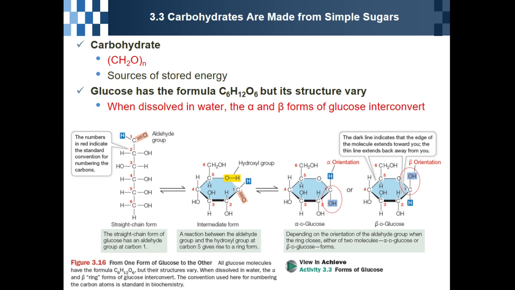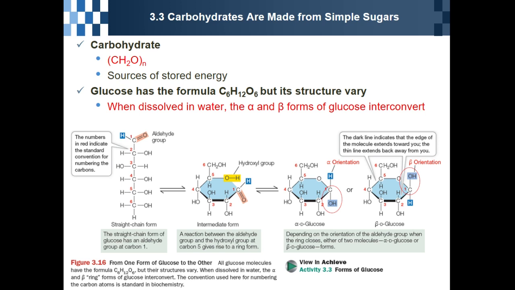So for carbohydrate, their structure can be the straight form, and also they can have the intermediate form without bonding here. So they did not make the ring, but they also can make the ring, like this.